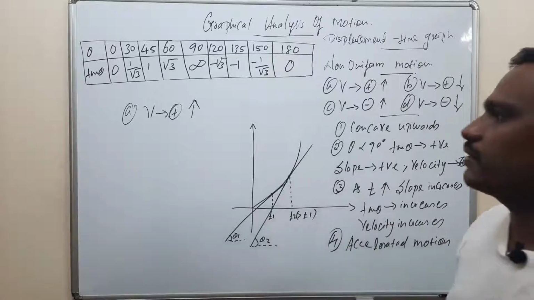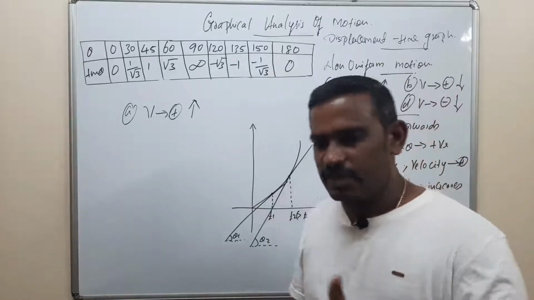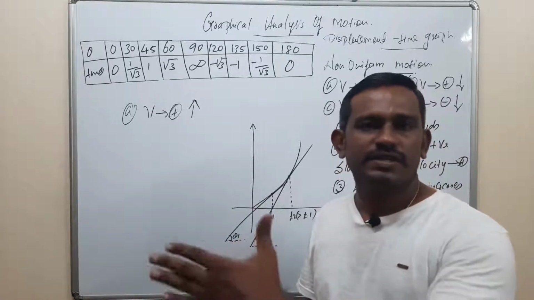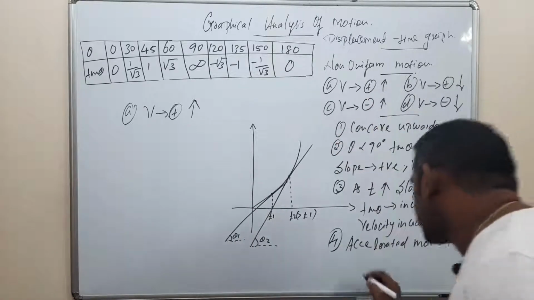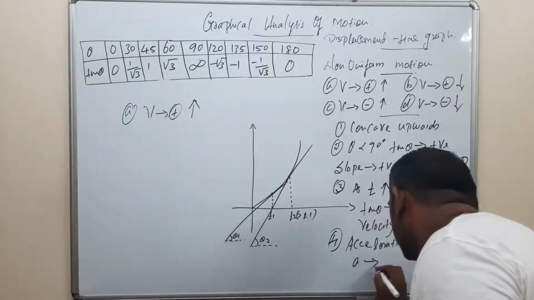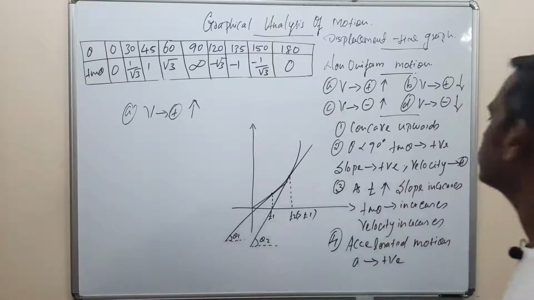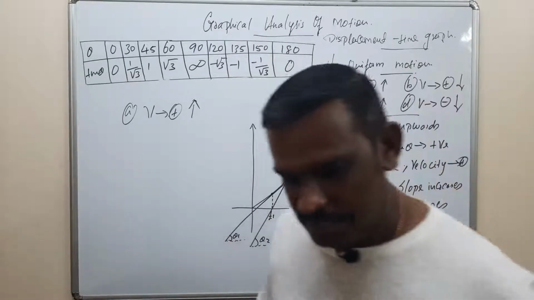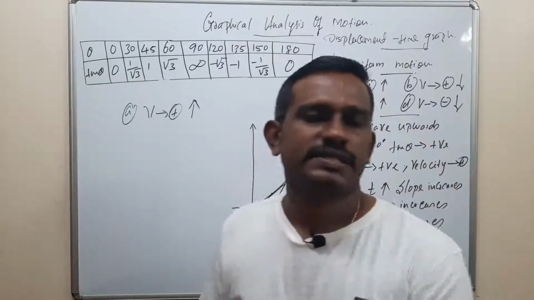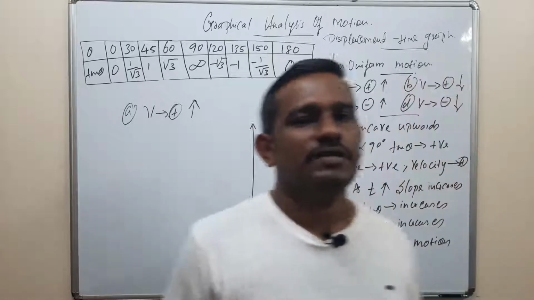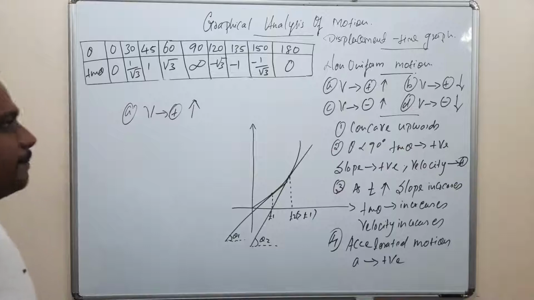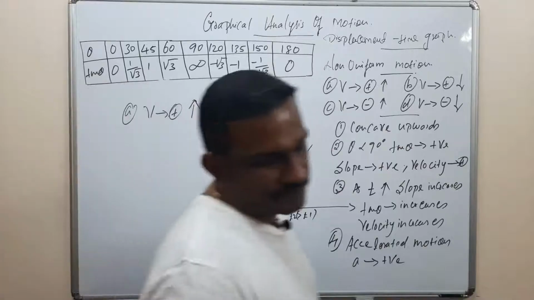Velocity increasing means acceleration is in the direction of the velocity, so acceleration positive. Clear? Okay.